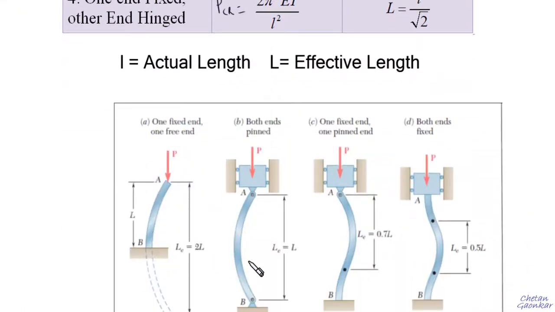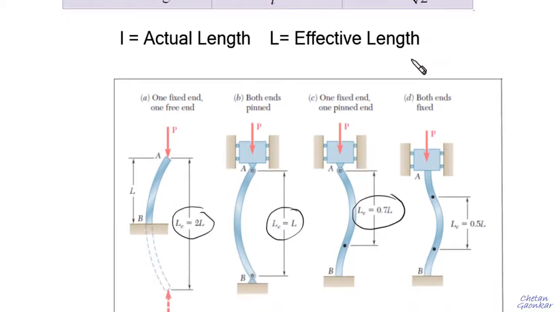And that is demonstrated here. These are the effective lengths: one end fixed and one end free, both ends hinged, and one end fixed and the other end hinged. This I can also write as L by root 2, which is about 0.7L. And if it is L by 2, it tells us that both the ends are fixed.